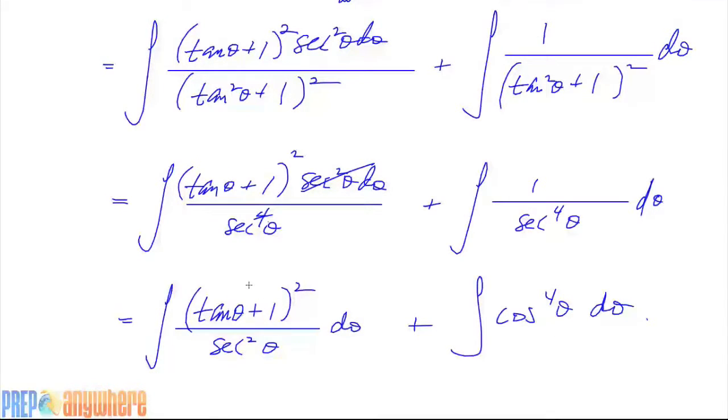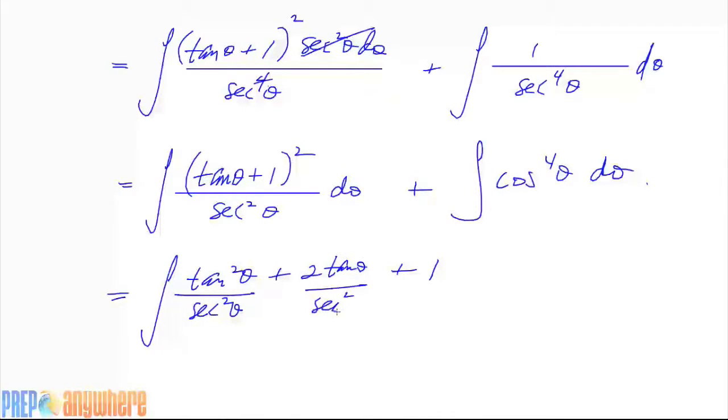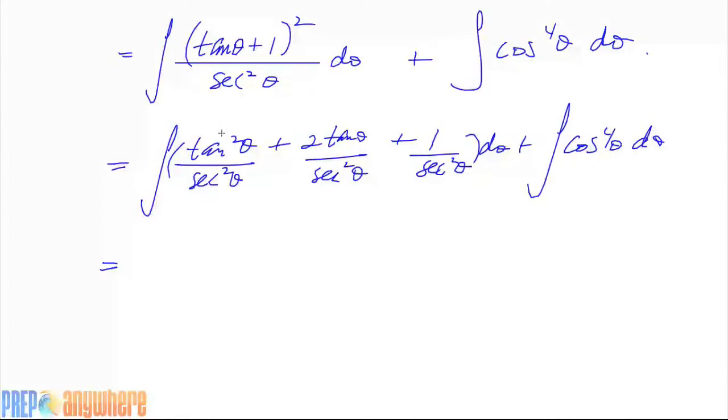Because I have 2 terms here in a bracket, I'm going to expand that. So we get tangent squared theta plus 2 tangent of theta plus 1, all over secant.